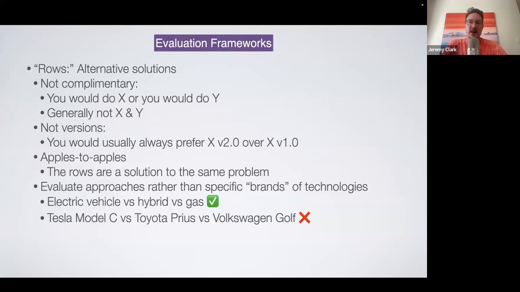The next point is that we try to reduce the things you want to compare to the idea of it rather than the actual brand.